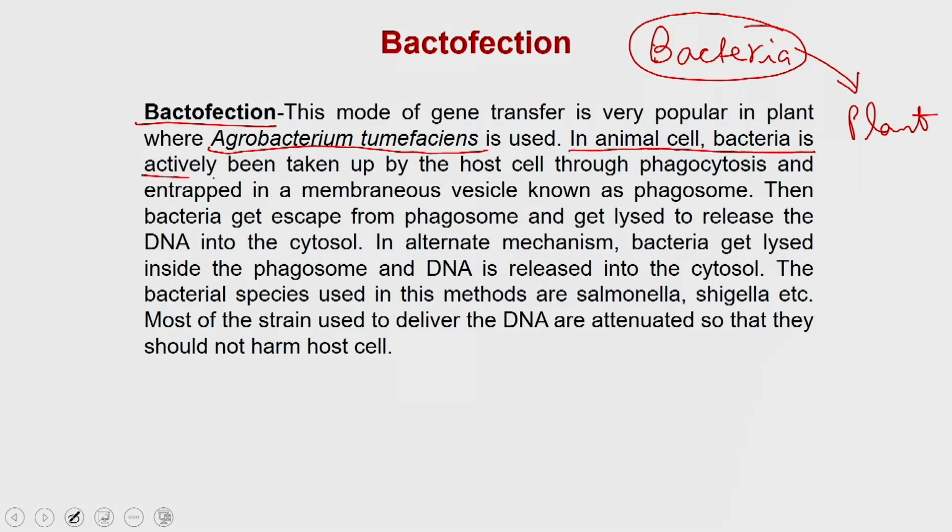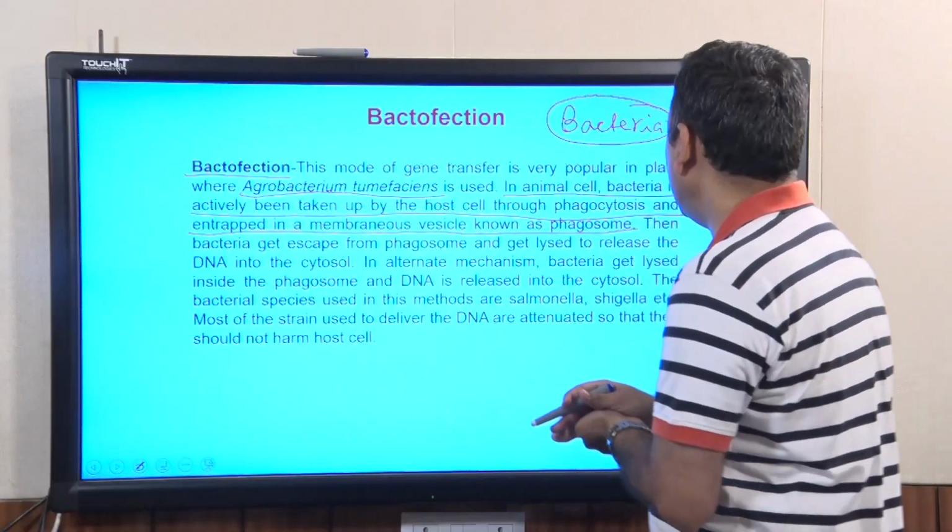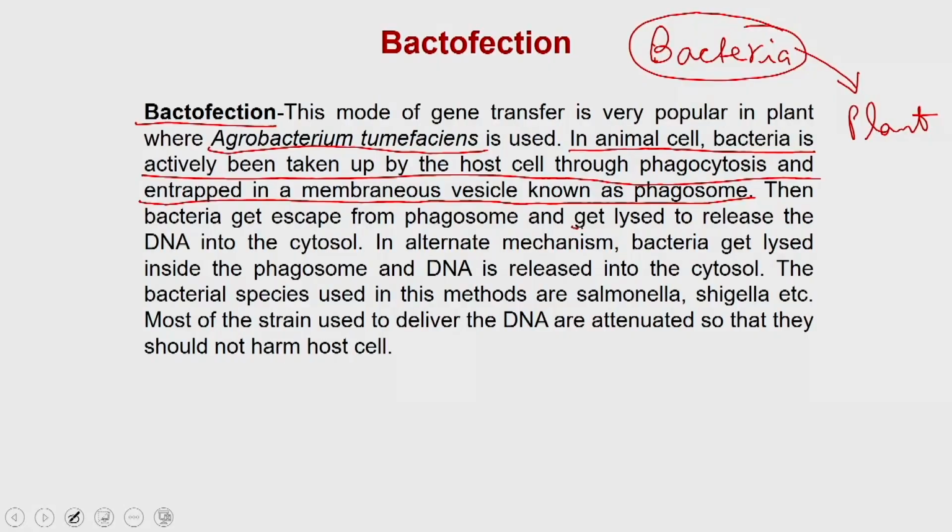whereas in the animal cell the bacteria is actively taken up by the host cell through phagocytosis, and then it is entrapped in a membranous vesicle known as the phagosome. Then the bacteria escape from the phagosome and get lysed. Once the bacteria is lysed, it releases the DNA into the cytosol.